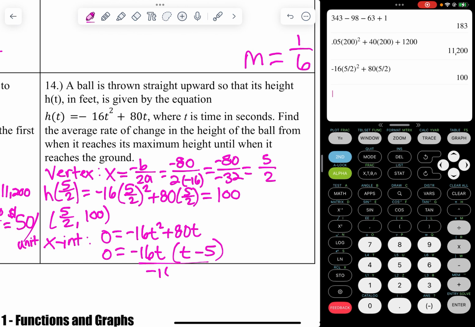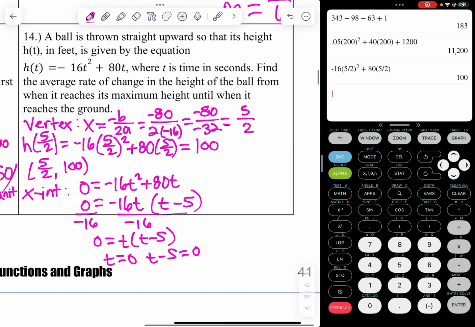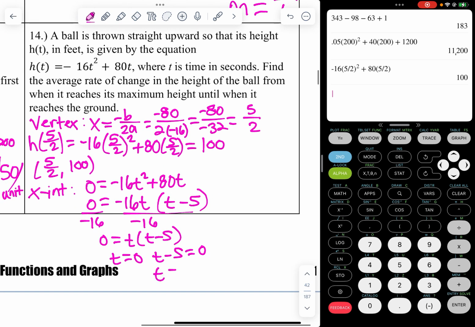And then we're able to divide out that a value of the negative 16 and use zero product property to solve and realize either t would have to equal 0 or t minus 5 would have to equal 0, which means t equals 5. So our second coordinate pair, it's going to hit the ground after 5 seconds. So our second coordinate pair would be 5, 0.